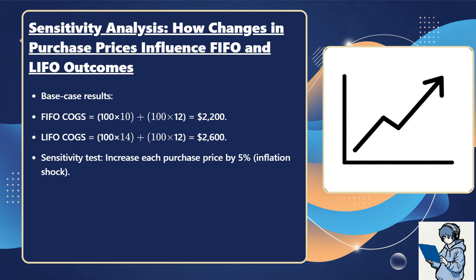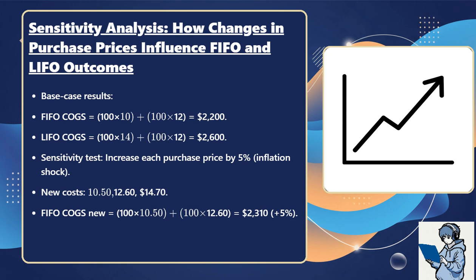Sensitivity test: increase each purchase price by 5%, inflation shock. New costs: $10.50, $12.60, $14.70. FIFO cost of goods sold new equals 100 times $10.50 plus 100 times $12.60 equals $2,310, 5% increase.